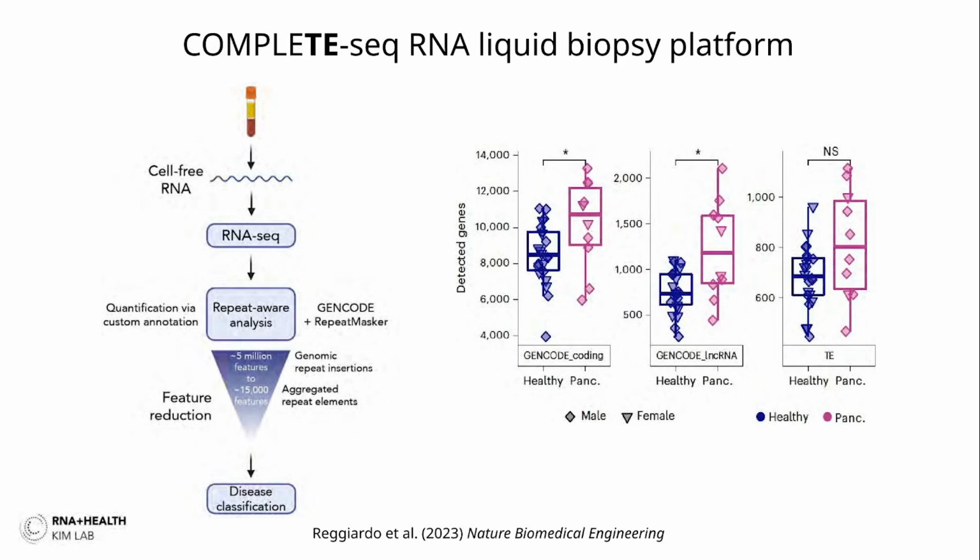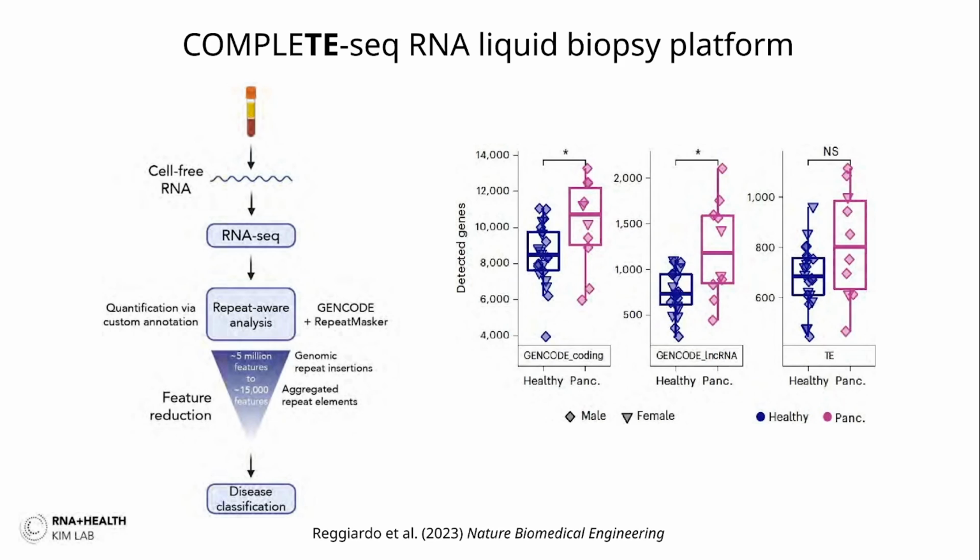And on the right of these plots, this is blood from pancreatic cancer patients. Again, we're seeing this difference in the signal of the RNA that's being secreted. Oftentimes, we see more RNA in the pancreatic cancer patient blood than in healthy individual blood, and that's true for both GENCODE protein coding RNAs as well as these long non-coding RNAs.